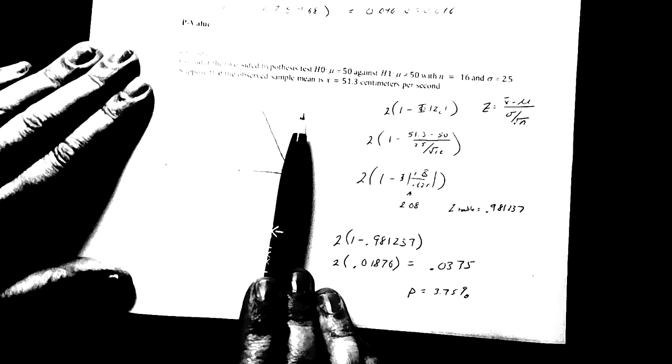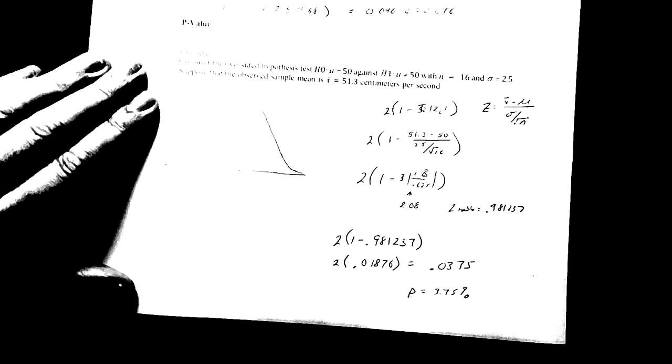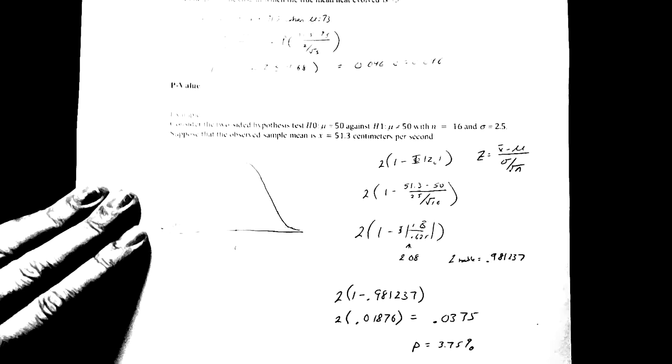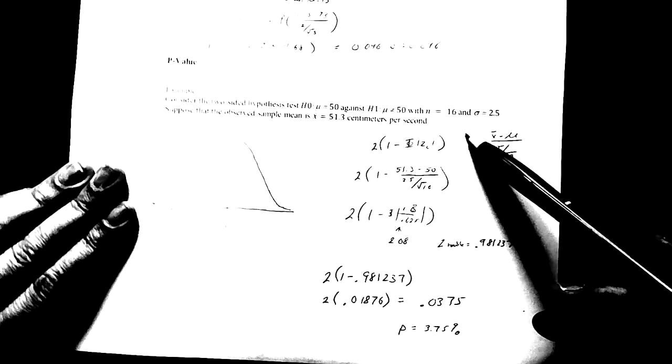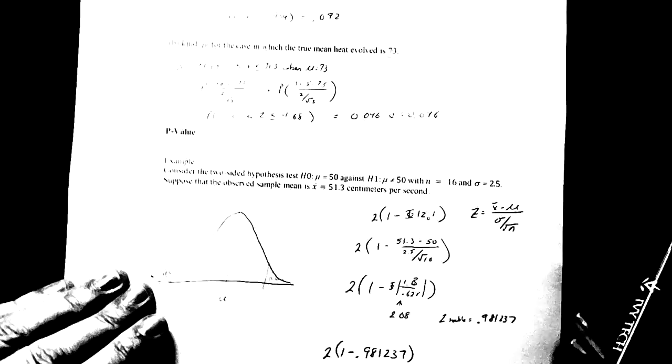So only 3% of the time is that 51.3 actually going to adequately represent the population. Again, increasing the sample size would be a way to increase the power of that and increase your p-value.